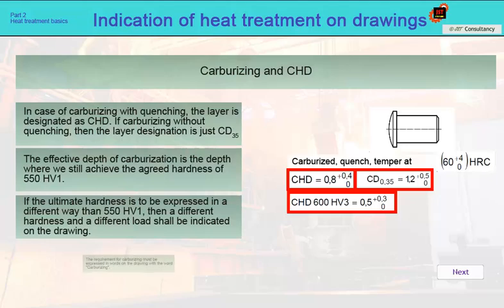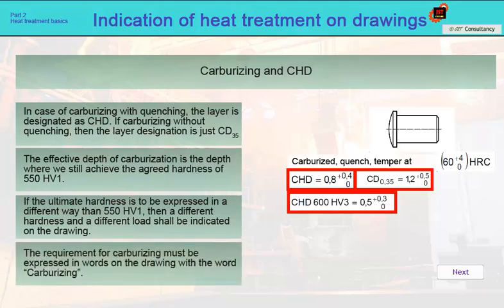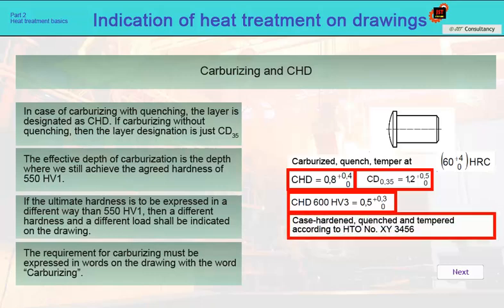The requirement for carburizing must be verbally expressed in the drawing by the word carburizing. If the carburizing process requires special precautions, the drawing must include the HTO designation and a reference to the appropriate manufacturing instructions.